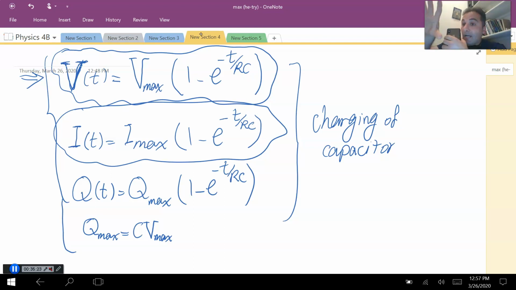When light comes out, it's discharging. But that 2 seconds is the time it takes to charge that capacitor.